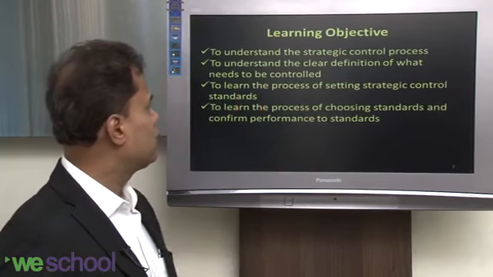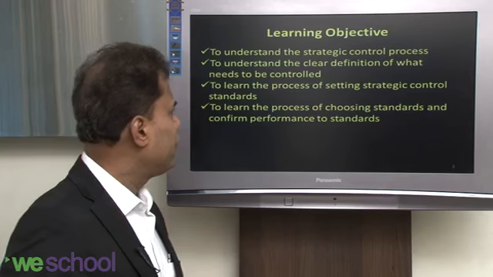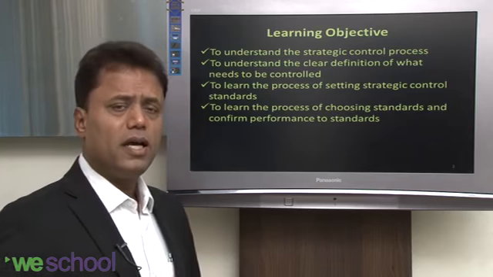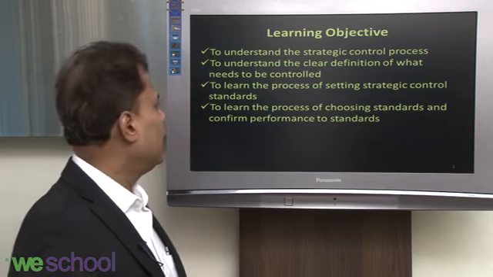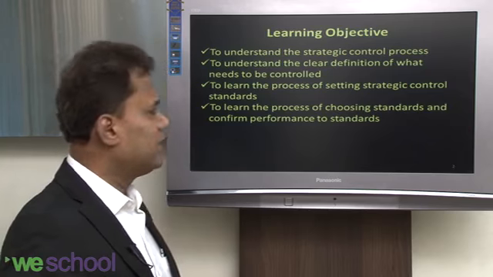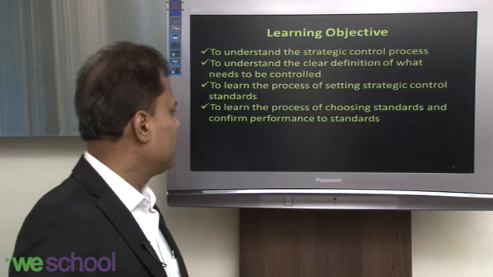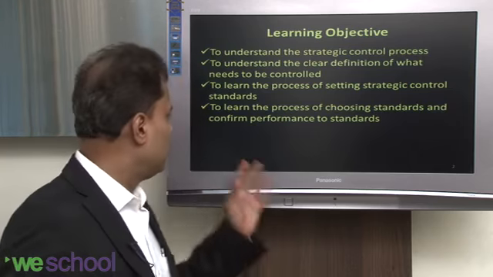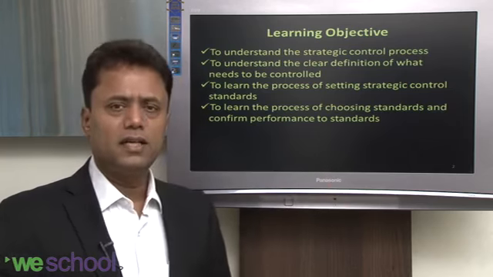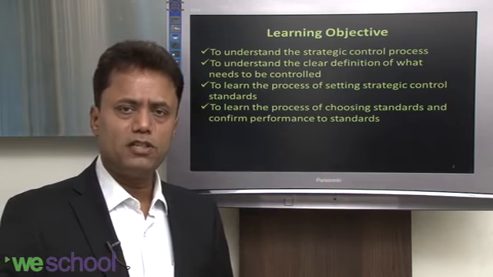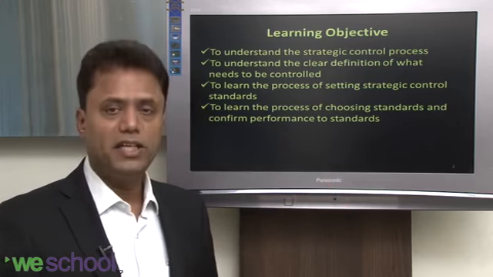We will see how the strategic control process works, a clear definition of what needs to be controlled and how, setting strategic control standards in terms of benchmarks, the process of choosing standards, and conforming performance to standards. These are the critical components of the strategic evaluation and control process, and we'll see them in detail in this chapter.